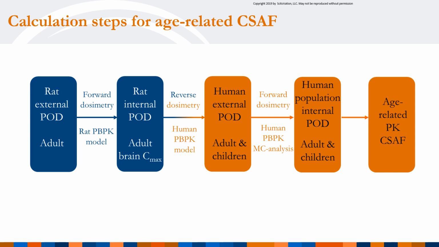The concept of chemical specific adjustment factor, the CSAF, has been introduced to provide a method for the incorporation of quantitative data on interspecies differences or human variability into the risk assessment process.